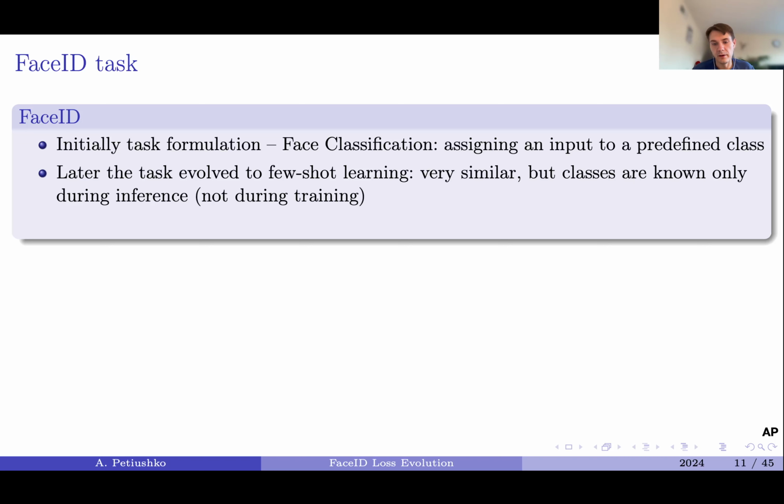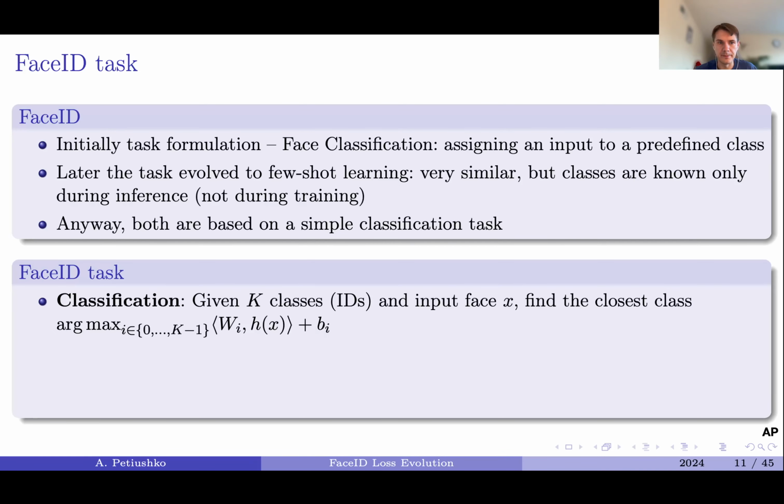So, basically speaking, we are training on one set of IDs, but during the inference, during the testing, need to work on top of other sets of IDs. Anyway, both are based on a simple classification task, and that's important because almost everything today will be concentrated around classification.